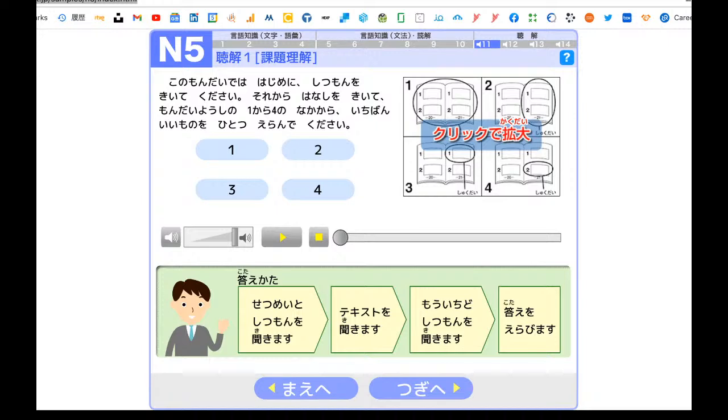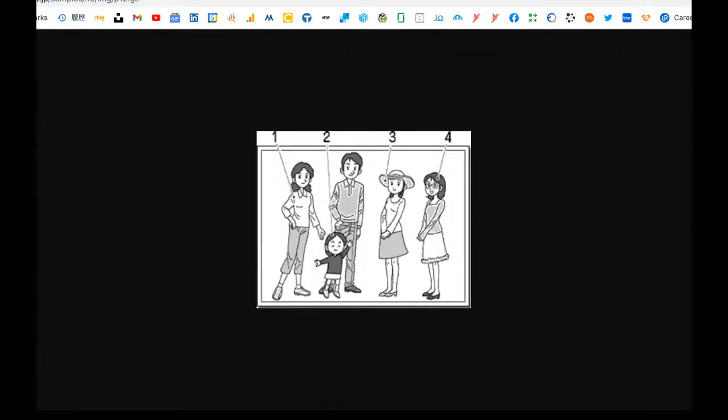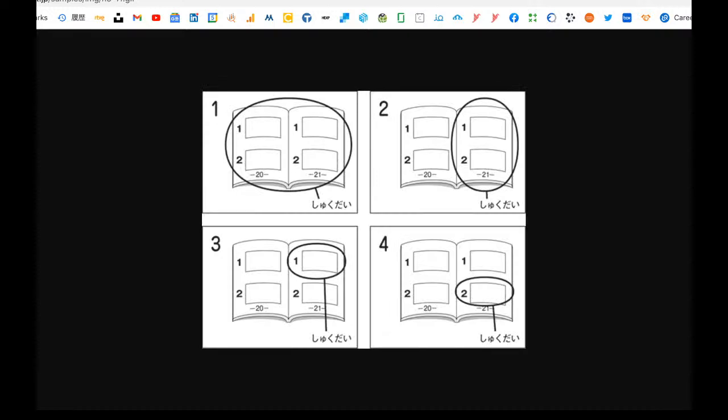Okay? And then you will have this picture. So let me read out the questions. 質問。宿題はどの部分ですか？So you need to figure out which part is 宿題。宿題 means homework. Okay? Please listen carefully to the things I read out later.